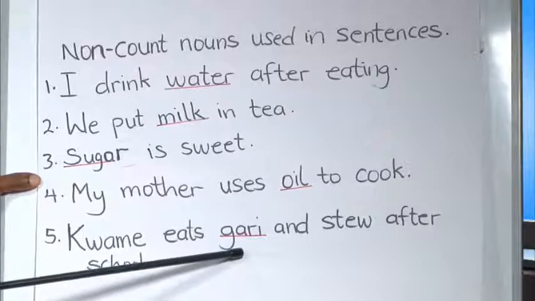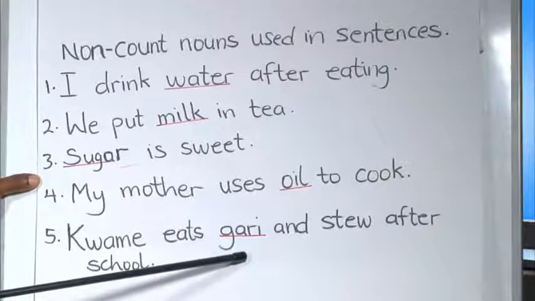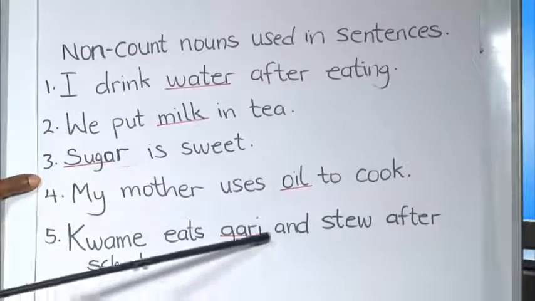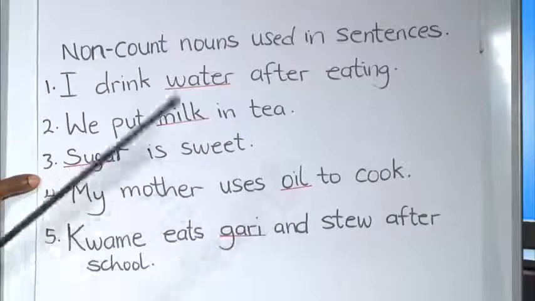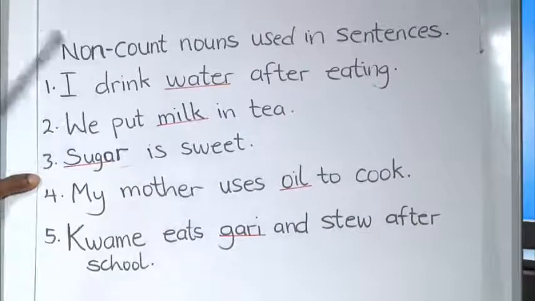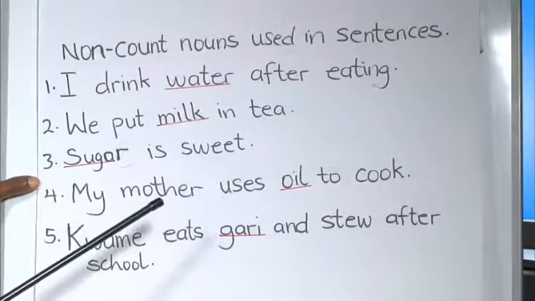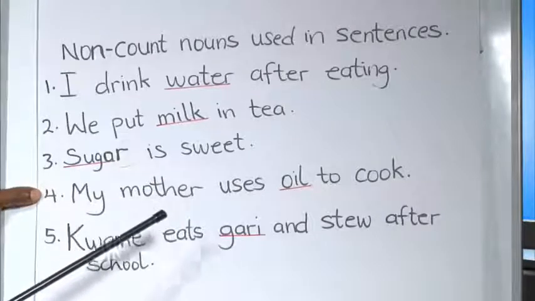We cannot count gari. Since we cannot count gari, we say gari is uncountable or non-count noun. Good. Let's move on.